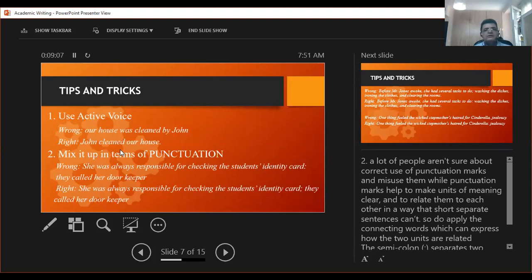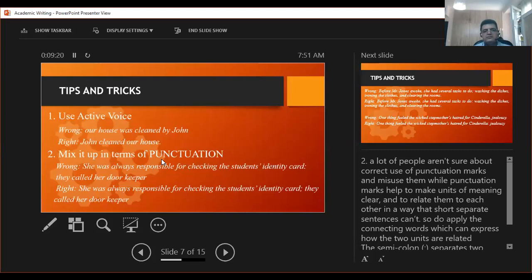The second one, mix it up in terms of punctuation. Actually, lots of people aren't sure about the correct use of punctuation marks or misuse them. Punctuation marks help to make units of meaning clear and relate them to each other in a way that short sentences can't.